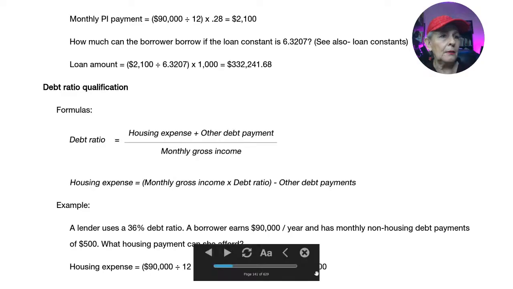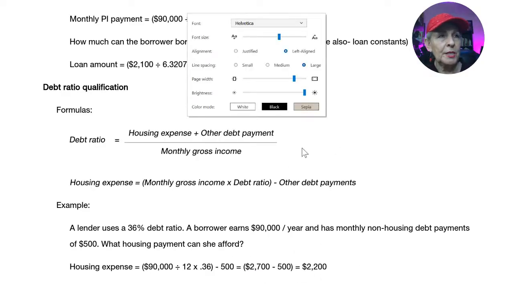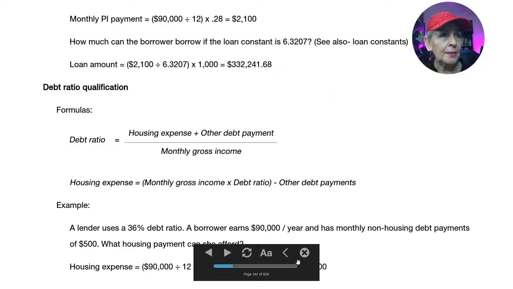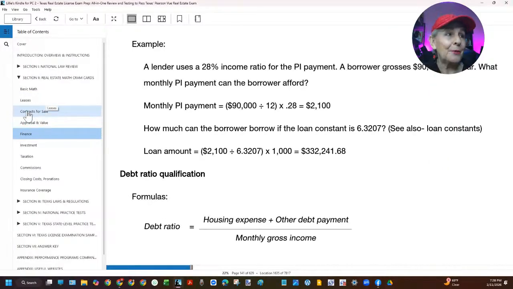Okay, I think we're done. We did 2 sections today instead of 1. So let's go to the sections here. Actually we did 3 sections. I was trying to do one of these topics per session. So I did leases, contract for sale, appraisal and value, and finance.